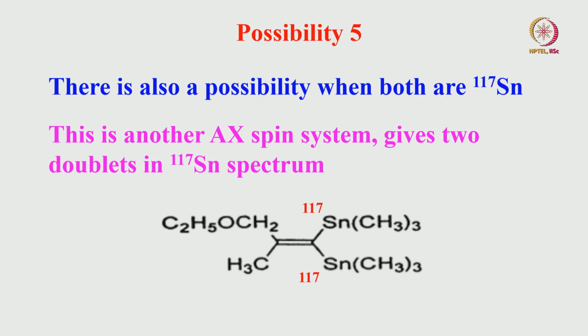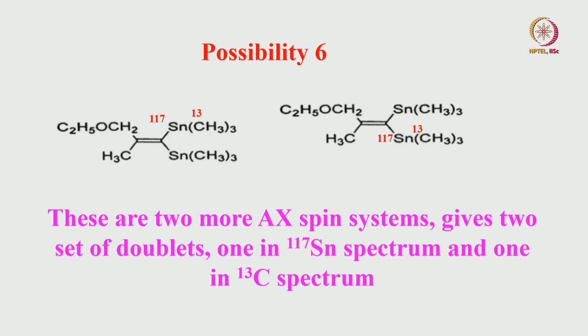What is the last possibility? Not last, the fifth possibility: both could be 117. You don't see that in the tin 119 NMR because you have to go to the tin 117 resonance, which is 8.3 megahertz away. Then you will see all those peaks. What is the other possibility? This is 117, this is carbon 13, this is 117, this is carbon 13.